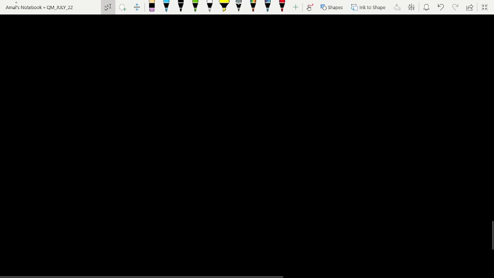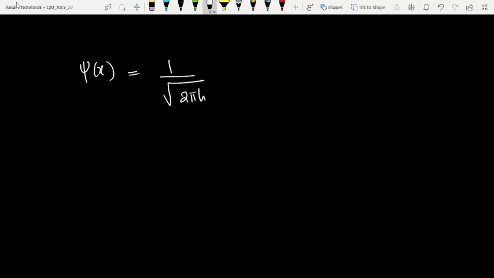Then the relation between position and momentum wave functions will become psi of x is equal to 1 by square root of 2 pi h cross, integral minus infinity to infinity, e raised to plus ipx by h cross into phi of p dp.